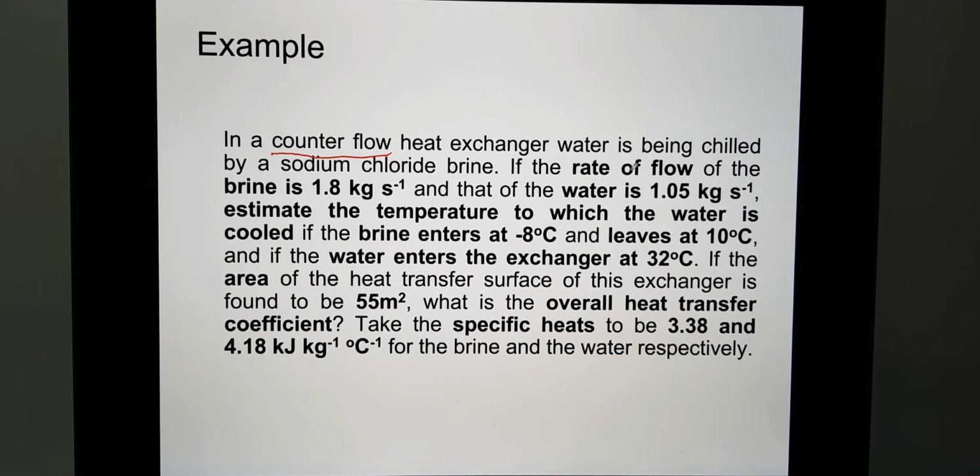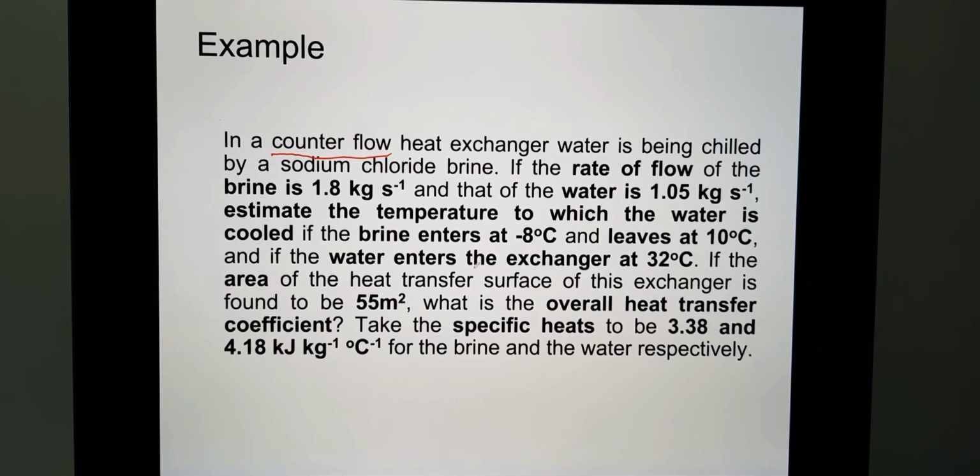If the rate of flow of the brine is 1.8 kg per second and that of the water is 1.05 kg per second, estimate the temperature to which the water is being cooled if the brine enters at -8 degrees Celsius and leaves at 10 degrees Celsius, and if the water enters the exchanger at 32 degrees Celsius.